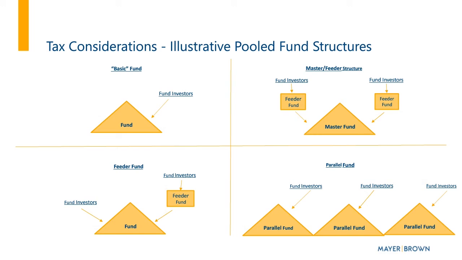They won't come into more than one, they'll just come into one, and Simon will talk about the reason for this later. With this structure, although investors will come into one of several parallel funds, all of those parallel funds will then effectively invest and divest in parallel. So it is, in a sense, one whole single fund structure, but there are a number of different vehicles which investors may choose to invest in.